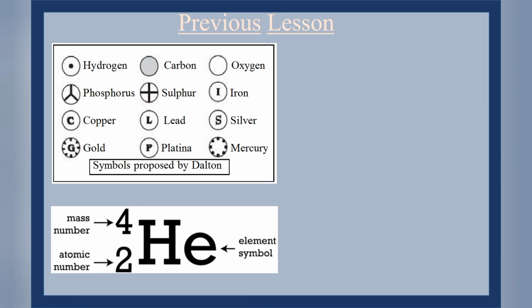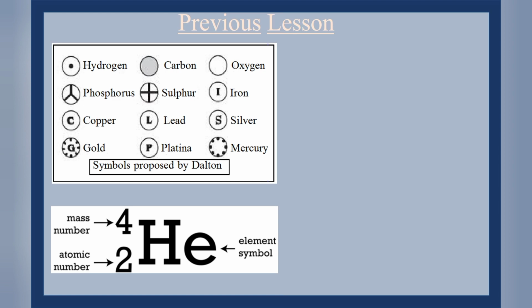According to the English language and some Latin language, the names of the elements were given, and here we are watching helium, the symbol of helium, where from the English name helium, H and E have been taken for the symbol.